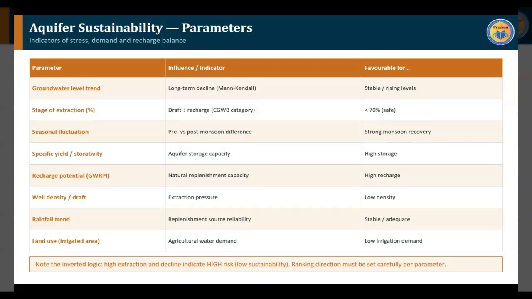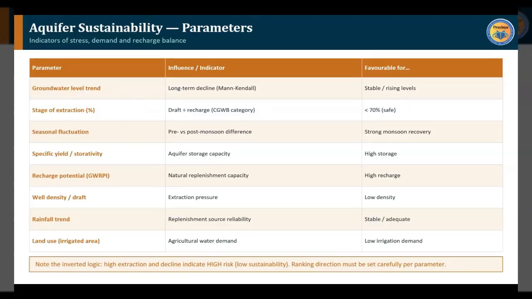First, groundwater level decline. This is a long term trend. We have already prepared these maps. So we take years of water level data and we fit a trend, often using the Mann-Kendall test. You can read a little about it, which you may remember from our fluctuation session, where we were looking at groundwater decline.